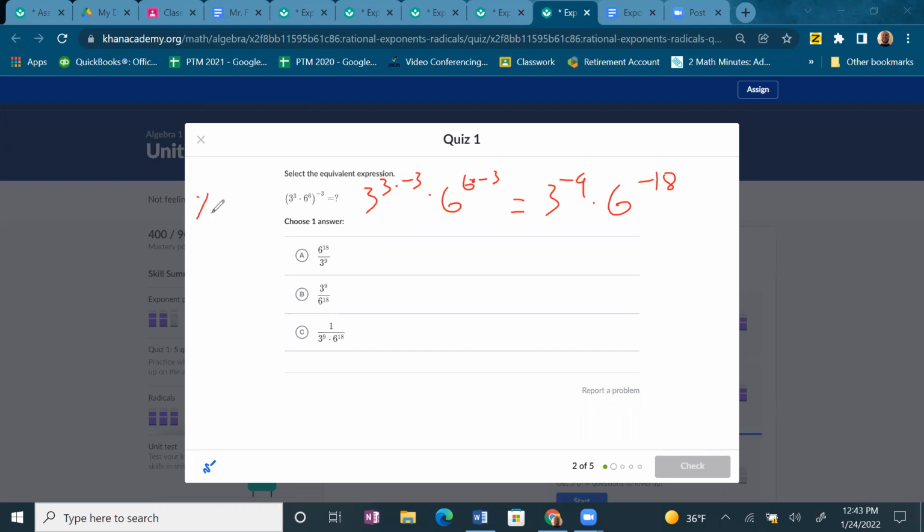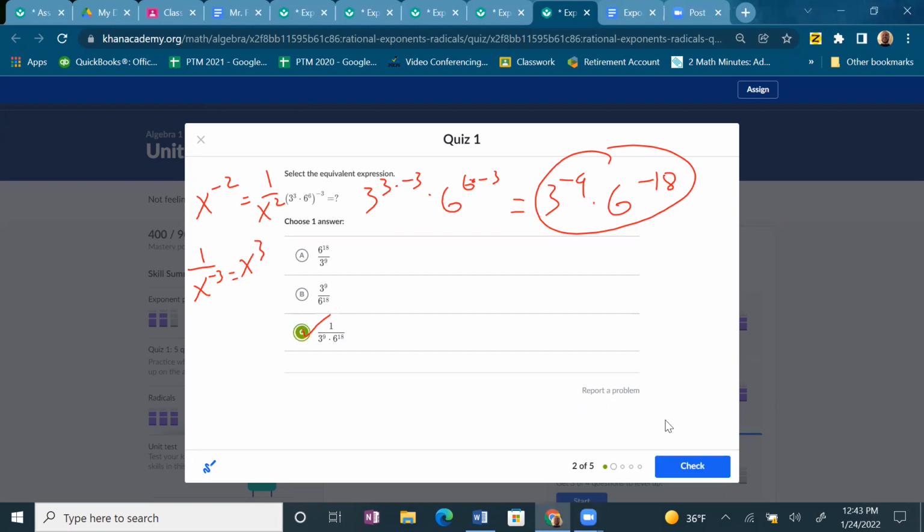Negative exponents can also be written in the denominator as a positive exponent and vice versa. You can write a negative exponent in the numerator as a positive. So this would be an answer if I saw it, but this is also, because it's the same expression with positive exponents, and we can do that as long as you write them in the denominator.